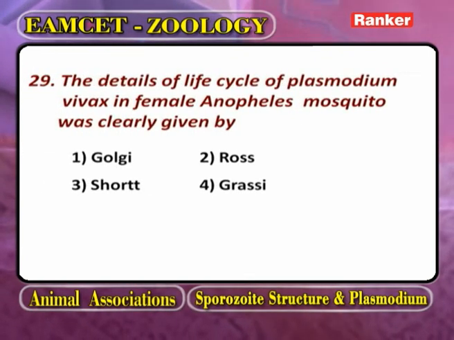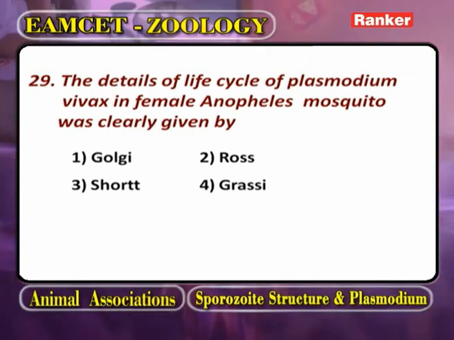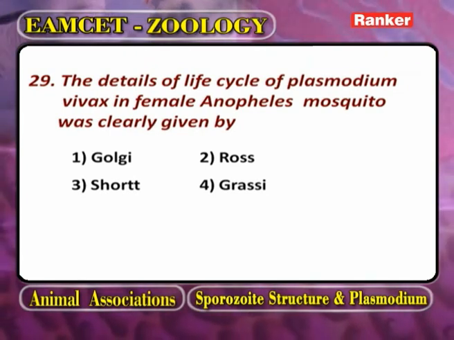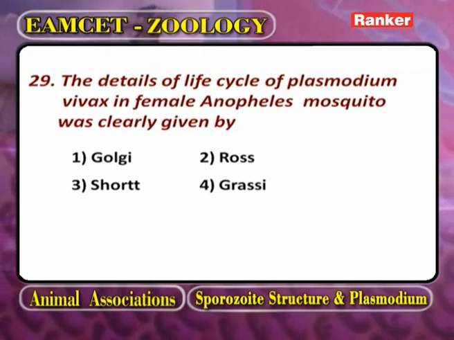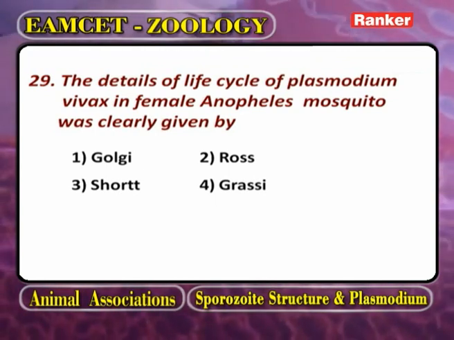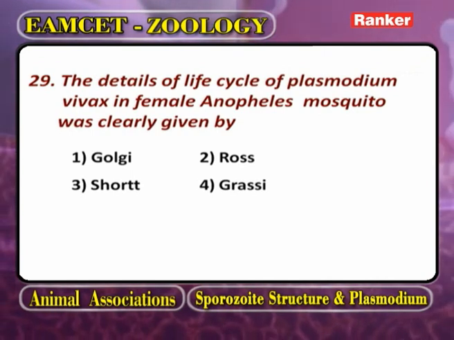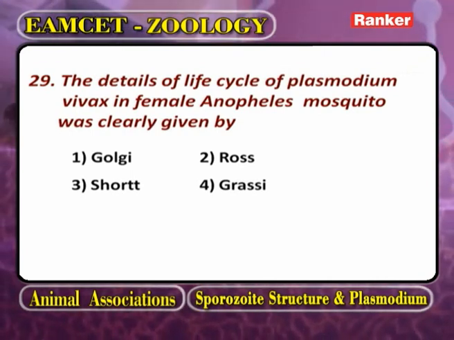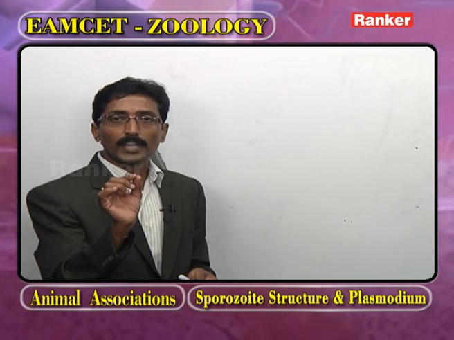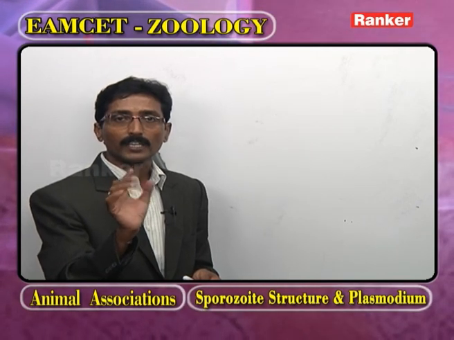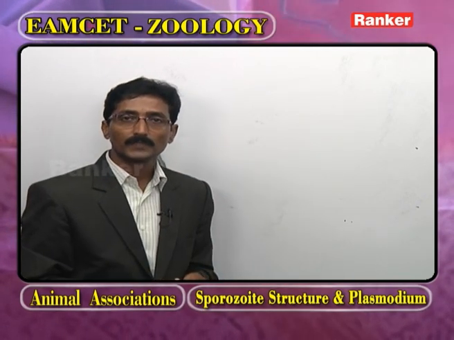The details of the life cycle of Plasmodium vivax in the female Anopheles mosquito were clearly given by. Now as we observe the introductory part of Plasmodium, Plasmodium was first identified by Charles Laveran.